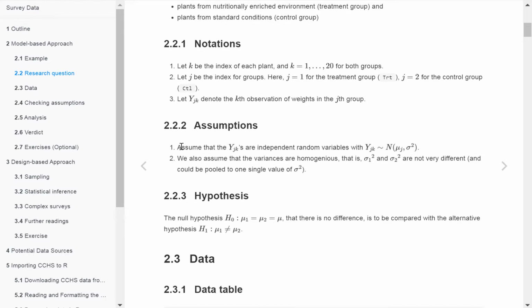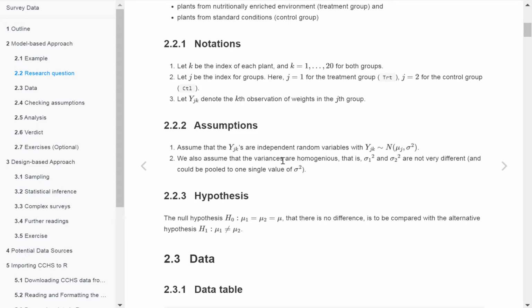Alright, now here comes the assumption under which we are operating. We are assuming that our data is being generated, the infinite population data is being generated from a random variable that follows a normal distribution with specific mean and standard deviation.